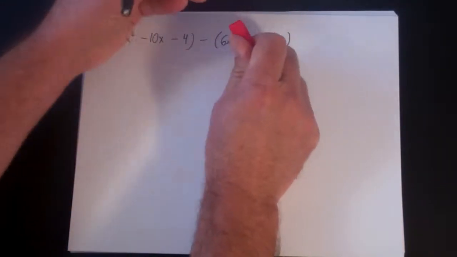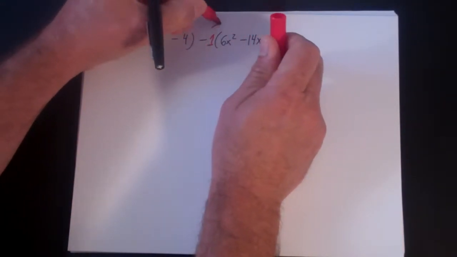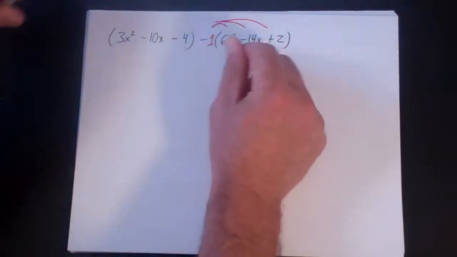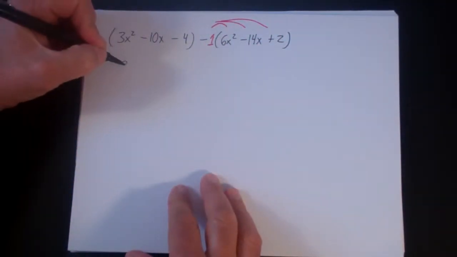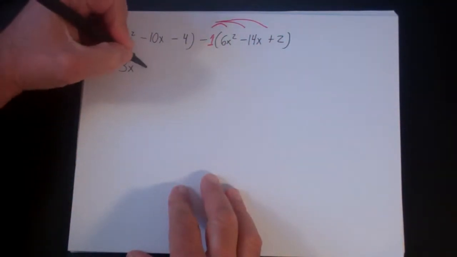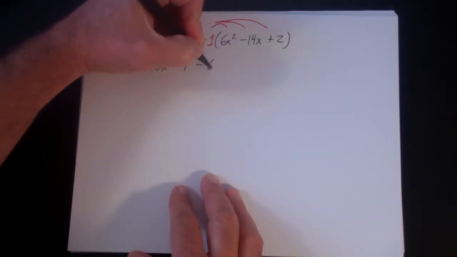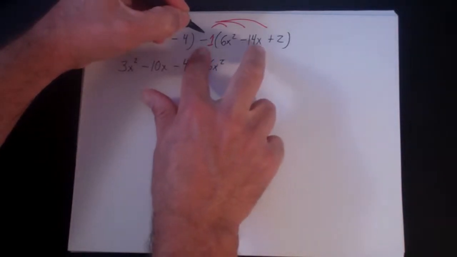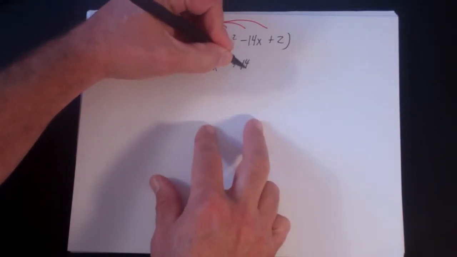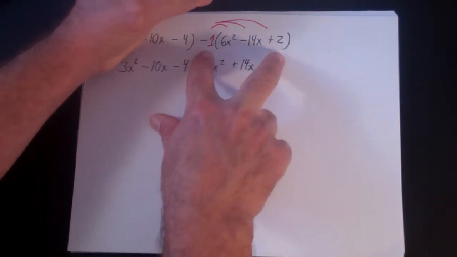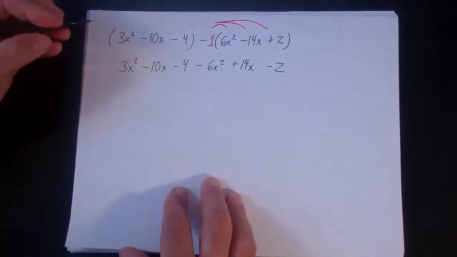Some people think of this as a minus 1 that you distribute, or some people say distribute the negative. Though we say it differently, it means the same thing. This becomes a minus 6x squared. A negative and a negative becomes a positive. And a negative and a positive becomes a negative again. And you just combine like terms.